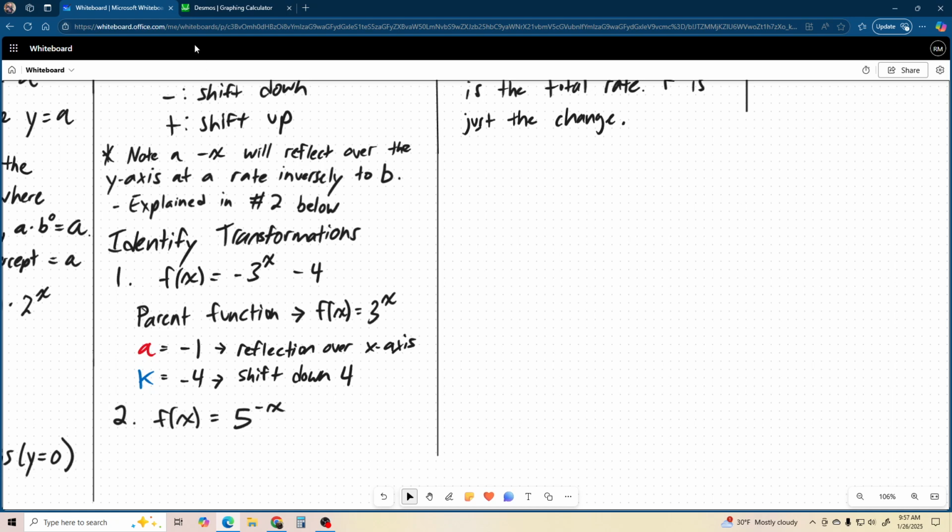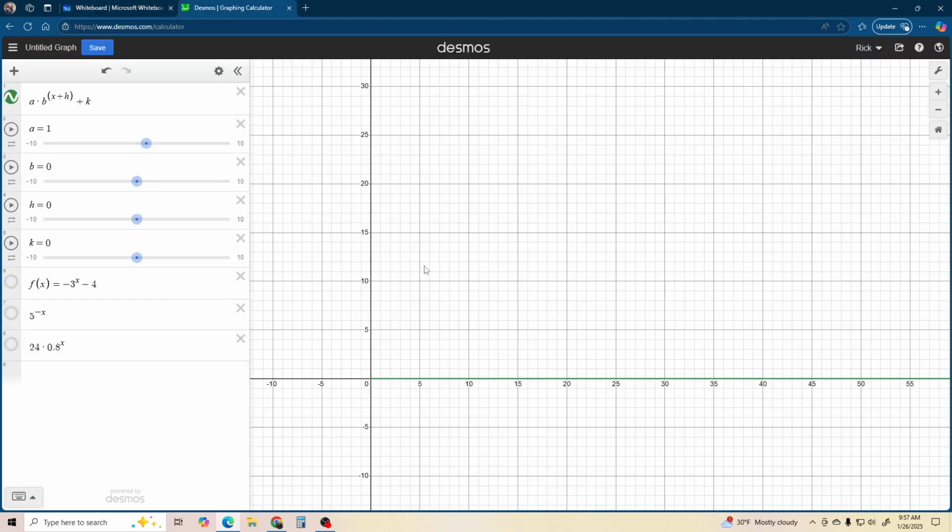So what we should see, if we take our original function, let's make b 3, because that's what our original function would be. Now we have a of -1, so let's make a -1 and watch what happens. It flips it, which is what we said it was going to do.